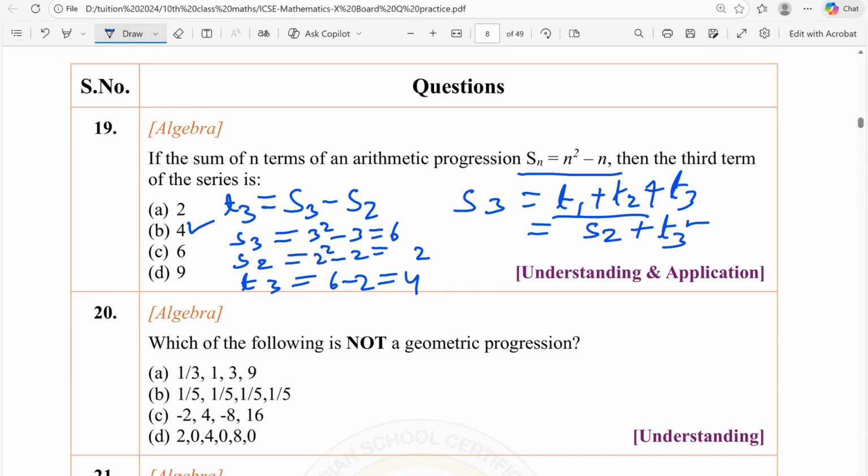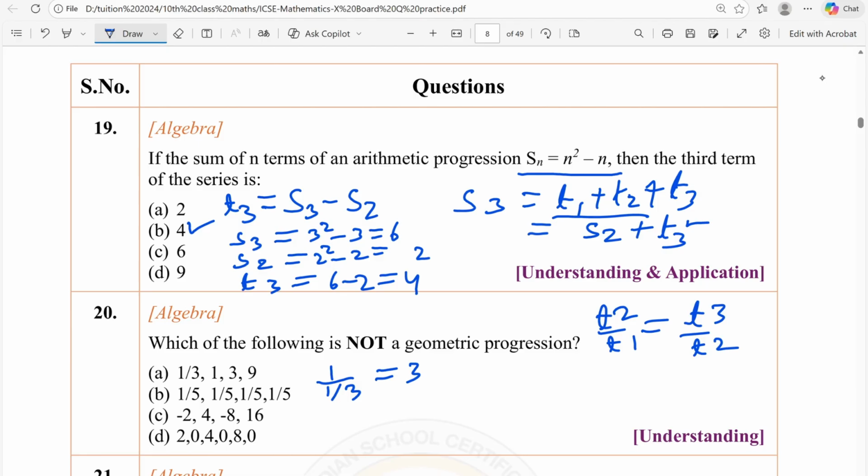Question number 20. Which of the following is not a geometric progression? For a geometric progression, T2 by T1 must be equal to T3 by T2. Now this is 1 divided by 1 by 3, equal to 3.